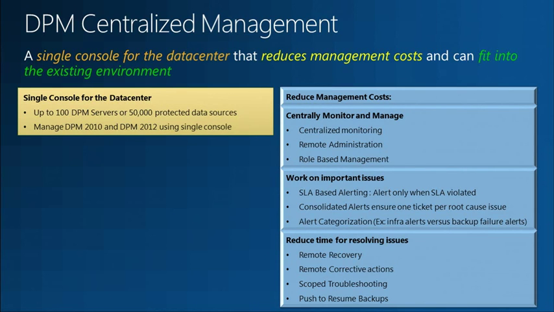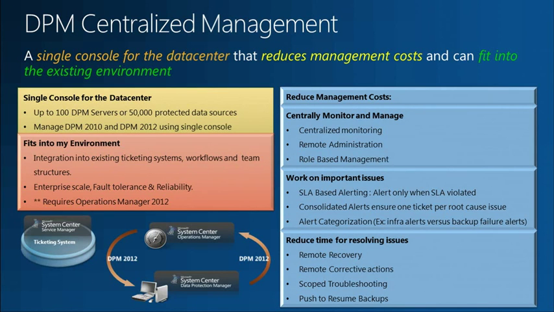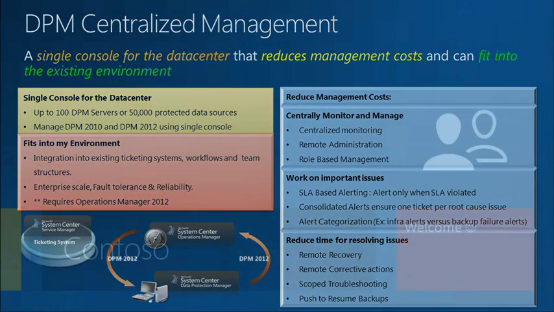So the third principle is role-based access. Through role-based access, you can delegate what each one of your team members can do with respect to the DPM server. All of this is driven through Operations Manager, and Operations Manager forms the platform for centralized management. It's not a UI on which we have a management pack. You'll see rich examples in our demos. It's a platform on top of which we have built centralized management.